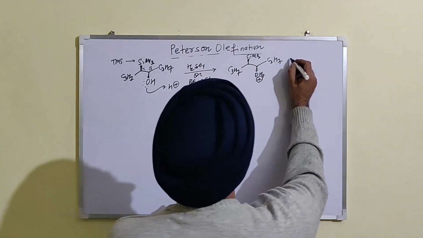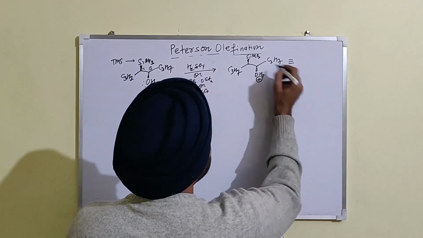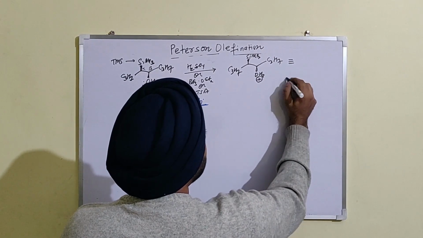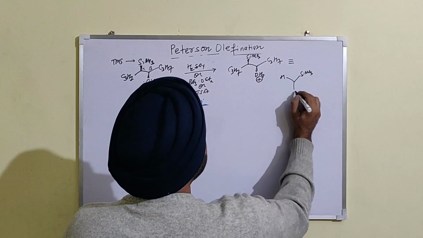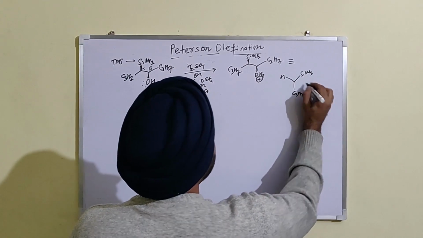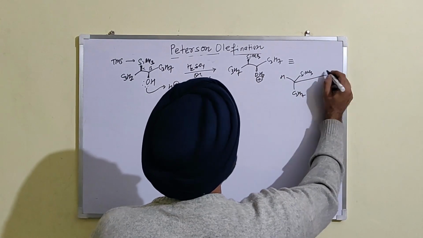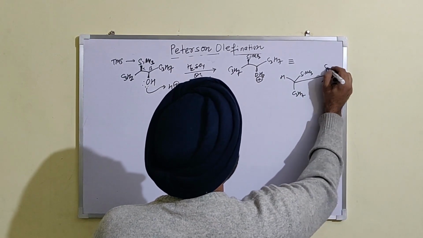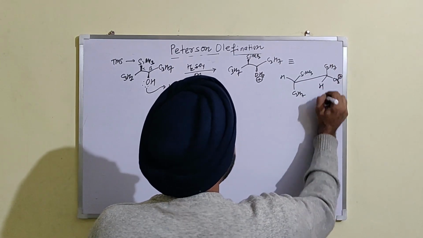Can we do that? Just try and write it in the same way which we did previously. So this can be written like that: SiMe3, hydrogen, C3H7, and on the back side what we have is C3H7, OH2 plus, hydrogen.